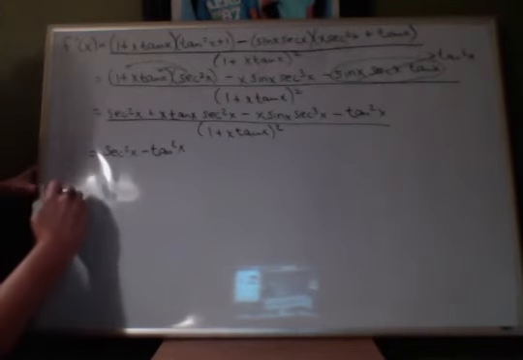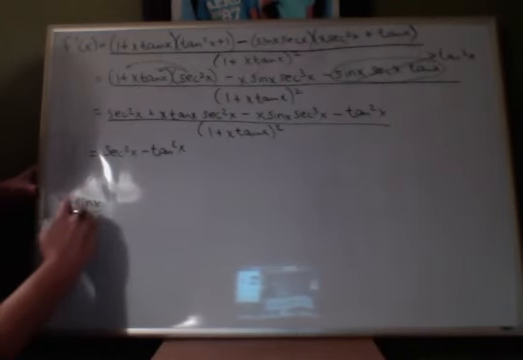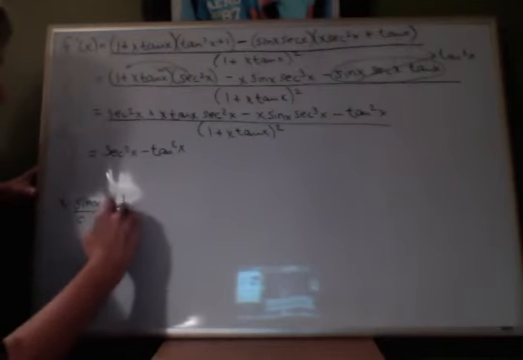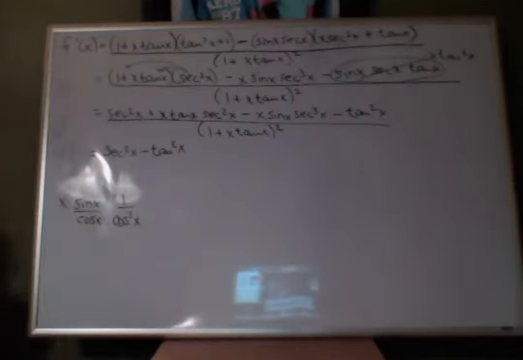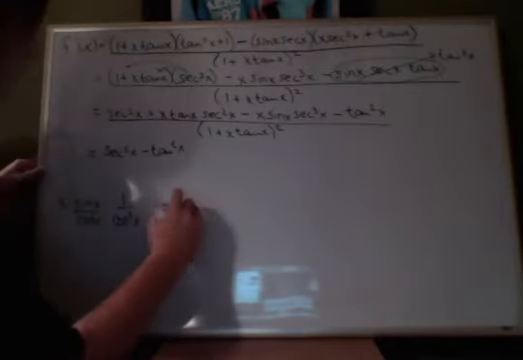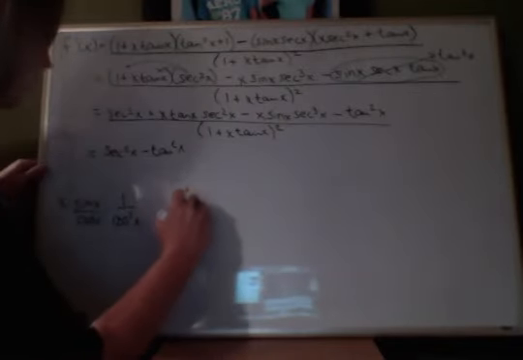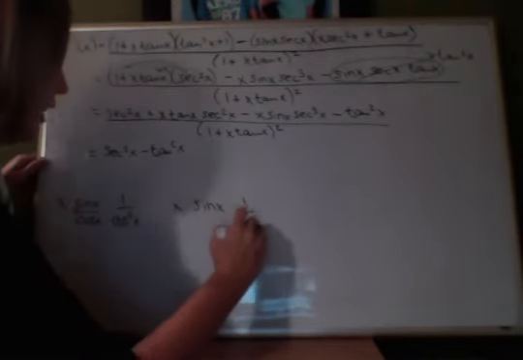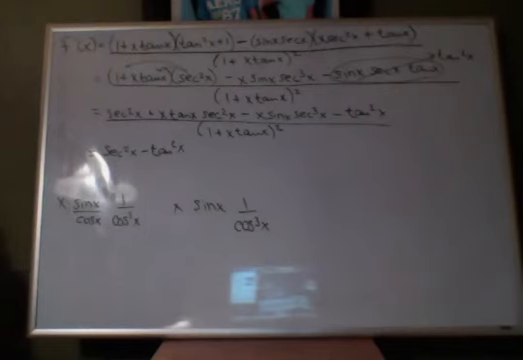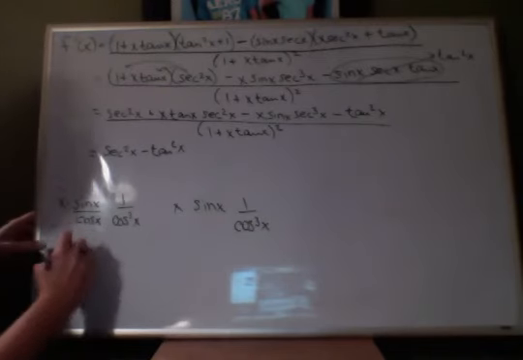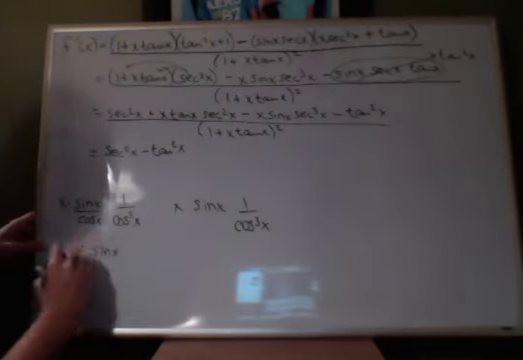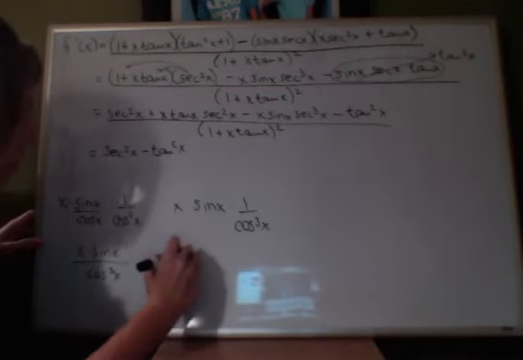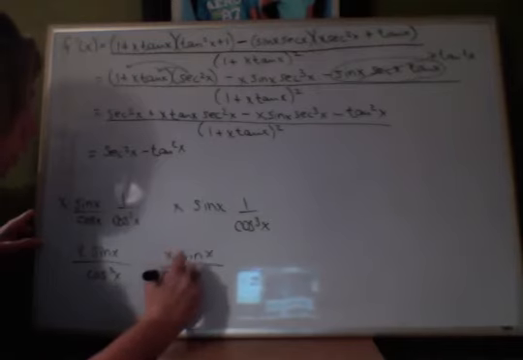That's x times tangent, which is sine over cosine, times secant squared, which is 1 over cosine squared. This one is going to be x times sine x times 1 over cosine cubed. And here's what you should notice at this point: this is x sine x over cosine cubed. This is also x sine x over cosine cubed.